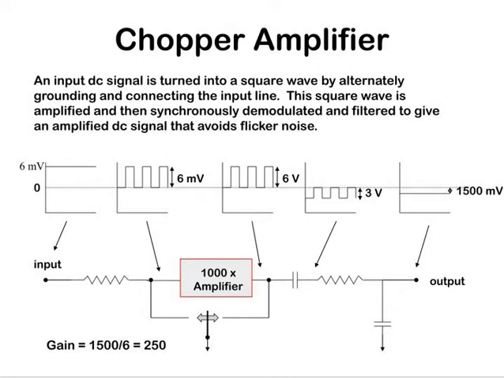If you look at this diagram, you can understand that here 6 millivolt is a continuous voltage that is given at the input, and here this is a chopper. That chopper is providing chopped 6 millivolt.